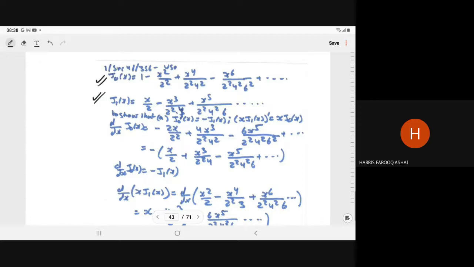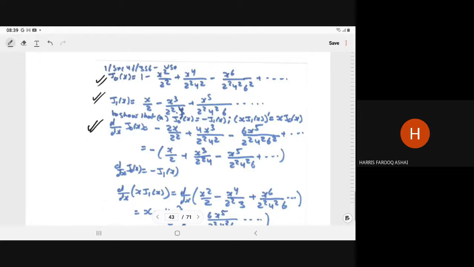Whatever relations we have for sin x and cos x, the same type of derivative relations we are getting for J0 and J1. So it's simple, they have already given the value of J0, so just take the derivative term by term.